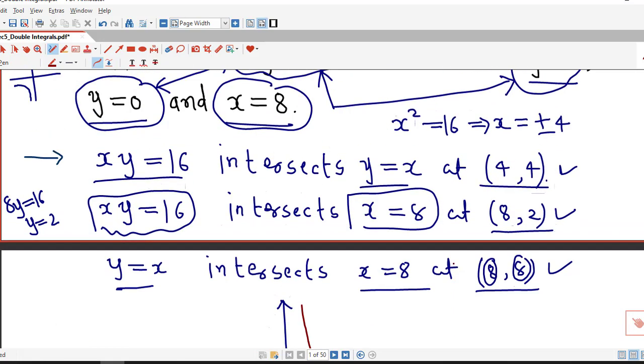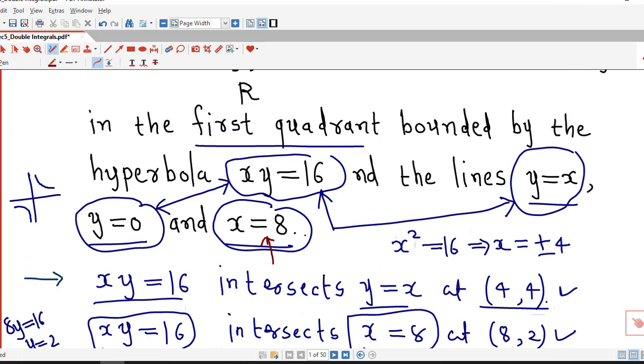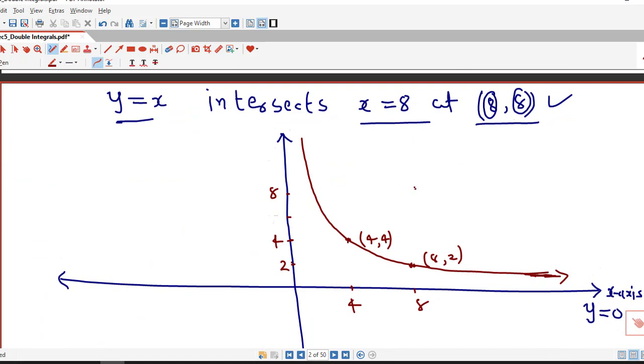We require 8, 8 also, so this is 6 and this is going to be 8, so 8, 8 will be somewhere here. Now we sketch all other lines also. The lines are y equal to 0, x equal to 8 and y equal to x. The line y equal to x passes through the origin, through 4, 4 and also through 8, 8. So we can consider the line y equal to x in this way.